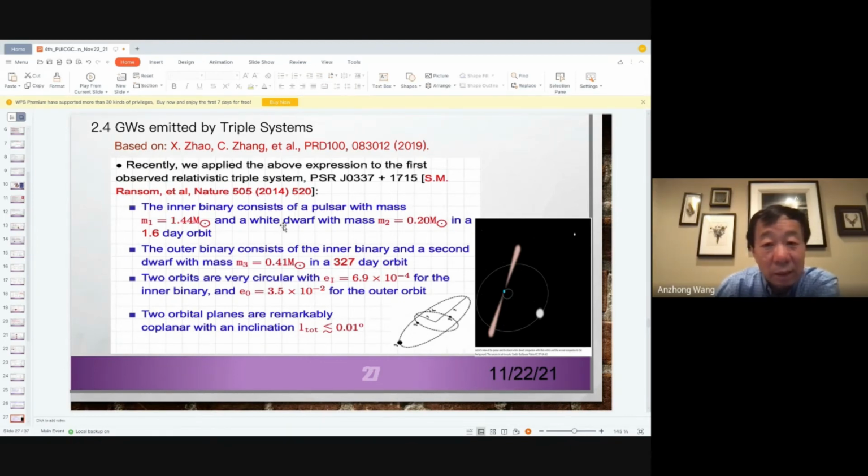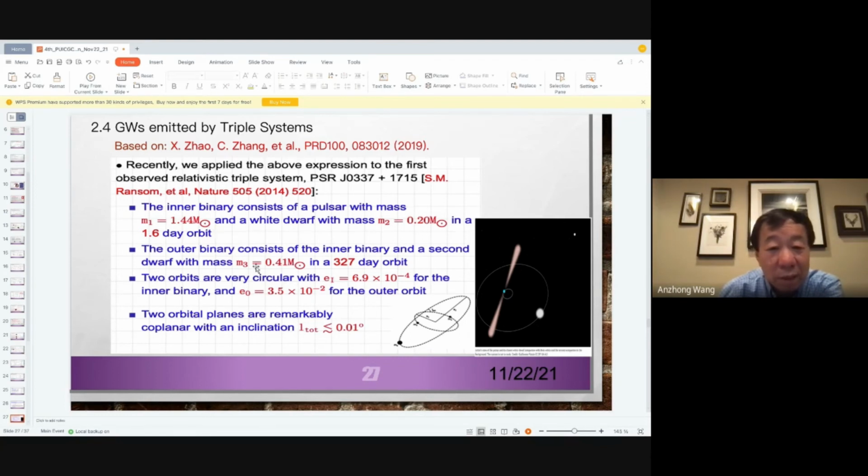There are 3 compact objects. The first one is a neutron star with a mass of 1.44 solar masses. The second one is 0.2 solar masses, which is a white dwarf. So these 2 are binaries. They form an inner orbit with a period of 1.6 days.